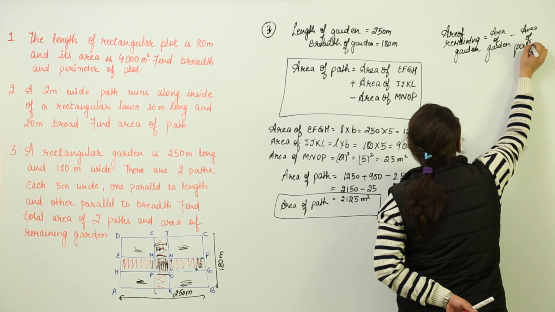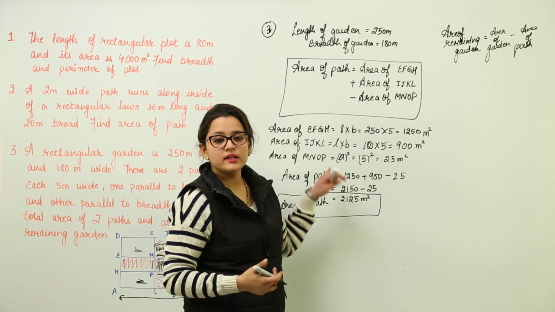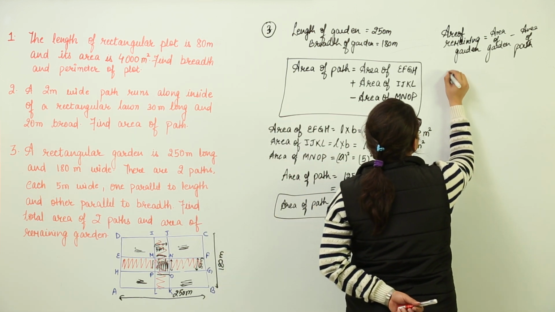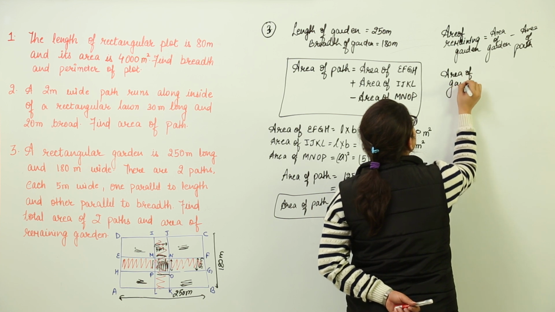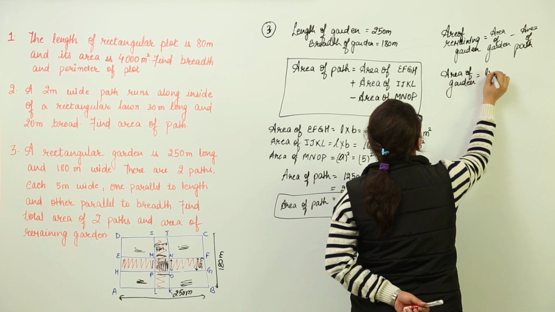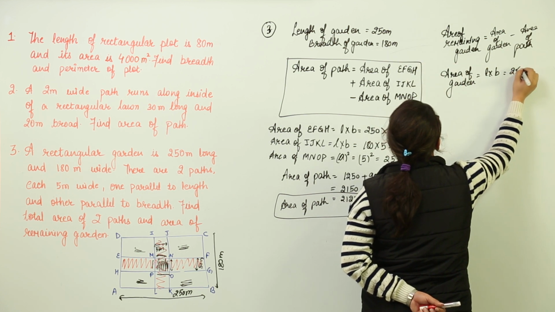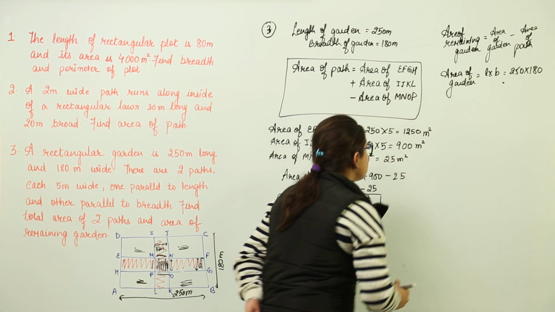So we have the area of path already calculated, but we do not have the area for the garden. So area of garden is to be calculated, the same way as we have been doing. So area of garden is going to be equal to length into breadth. As we know, the length is 250 and breadth is 180. Its area is going to be some value.